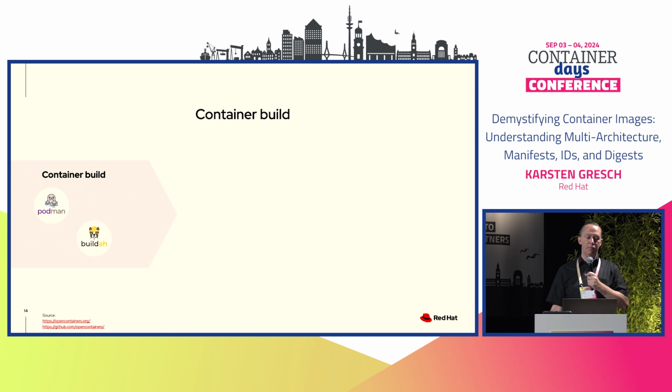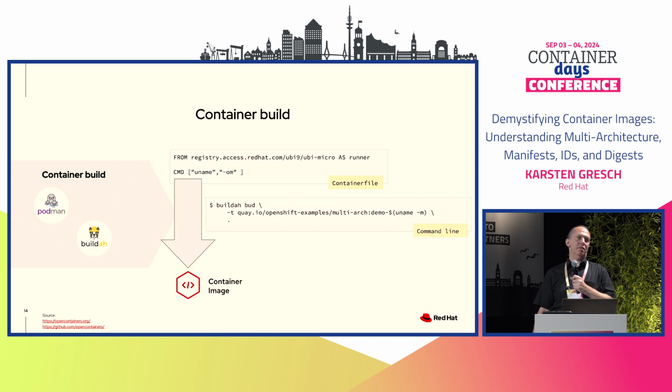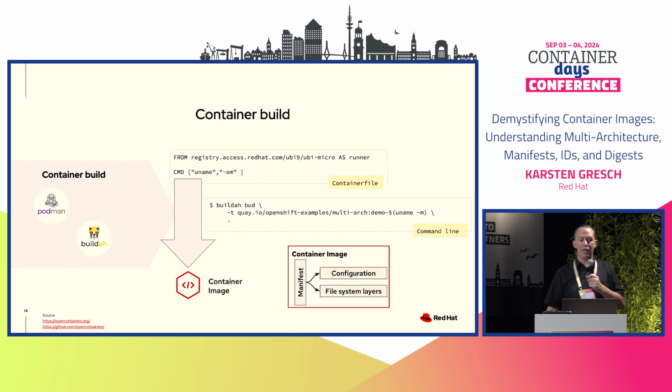So basically, when we build a container, we can use tools like Podman and Buildah. And basically what we have in the beginning is the container file or Dockerfile, where we specify something, then we create it, and basically it spits out a container image. You all know this. And now it becomes interesting.